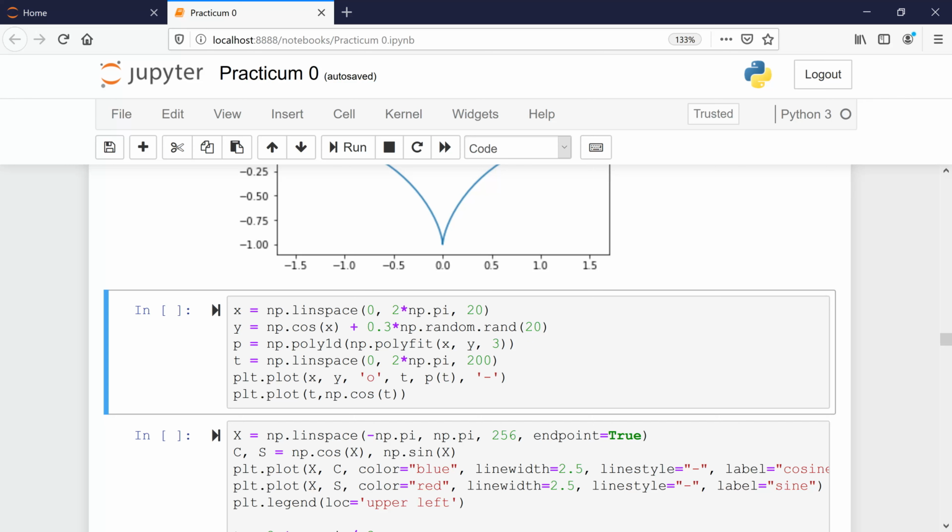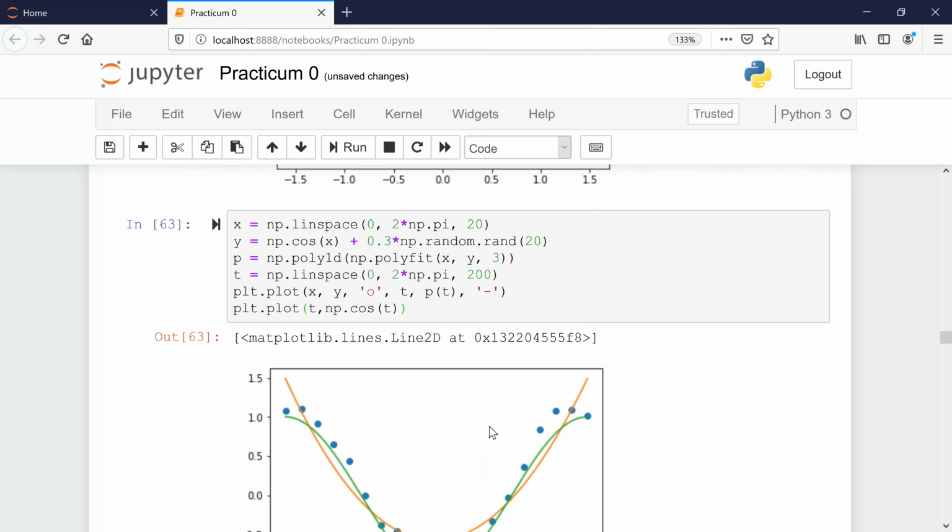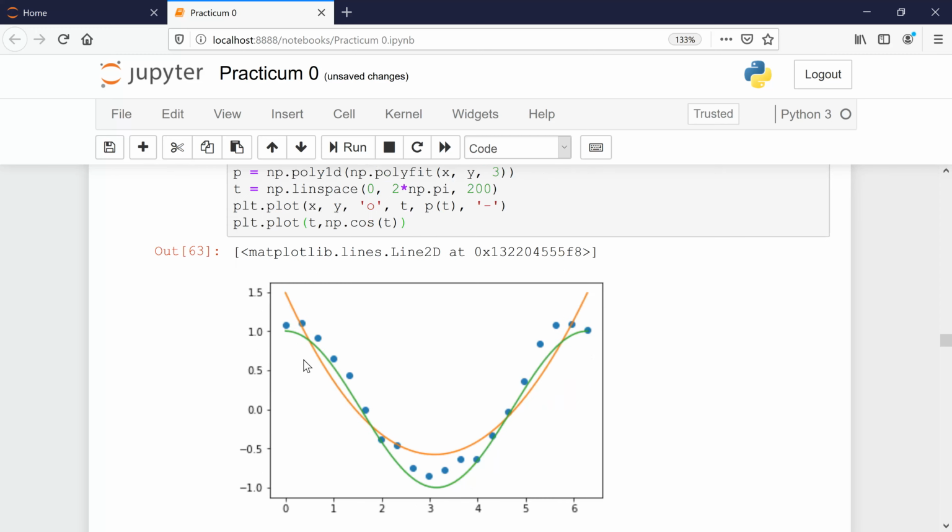I took this from the SciPy lectures. If you try to break down this code into smaller entities, first, we take 20 points which are perturbations of the cosine.